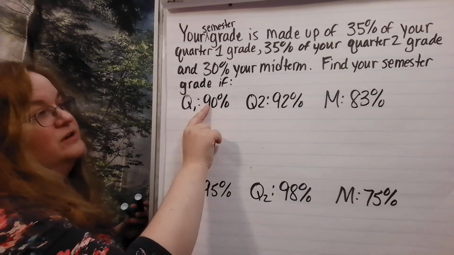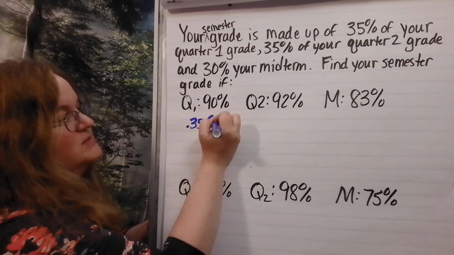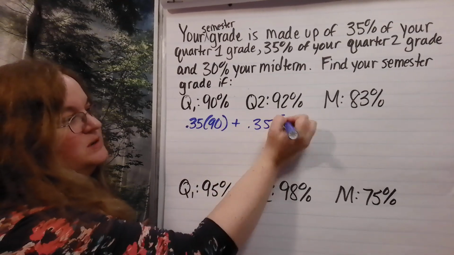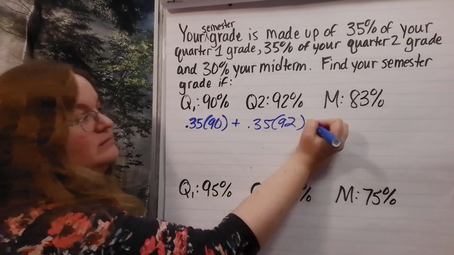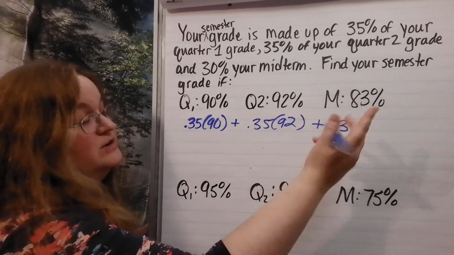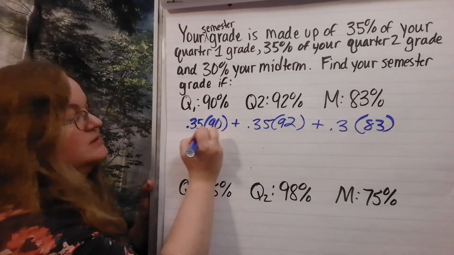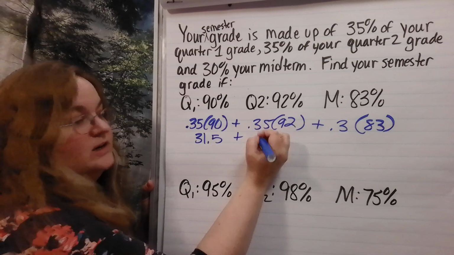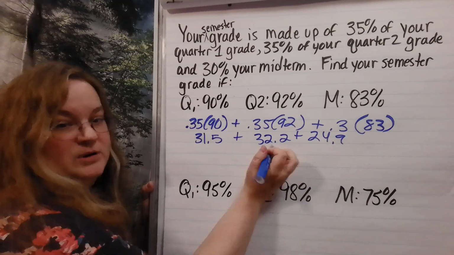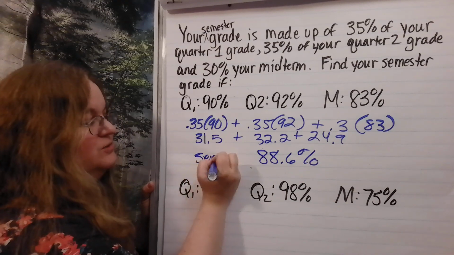So if I take a look, 35% of my quarter 1 grade, so that's going to be 0.35 times 90, plus I'm going to do 0.35 times my second quarter grade, plus my midterm is 0.30, because 30% divided by 100, so change to a decimal, times 83. Okay, when I multiply this out, this comes out to 31.5, 32.2, and 24.9, and adding them all up, I get 88.6, and that would be my semester grade if that was the case.